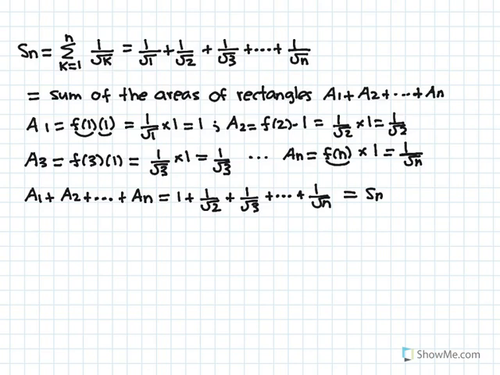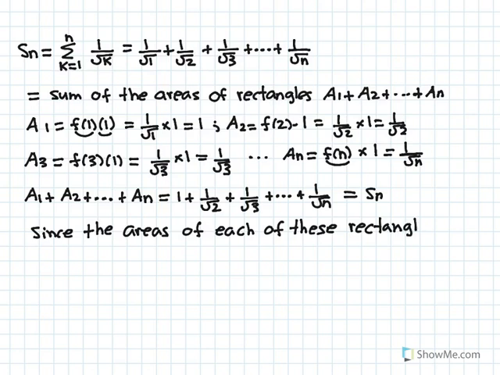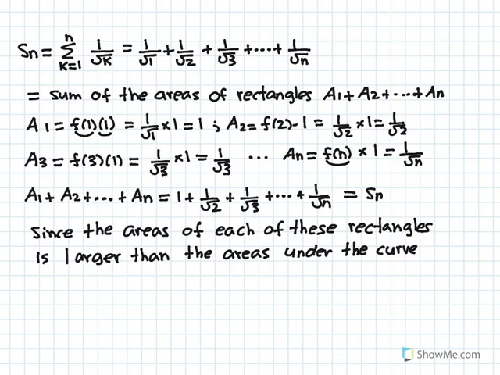And since the area of each of these rectangles is larger than the area under the curve of the function y equals 1 divided by root x, let's go back to the diagram.